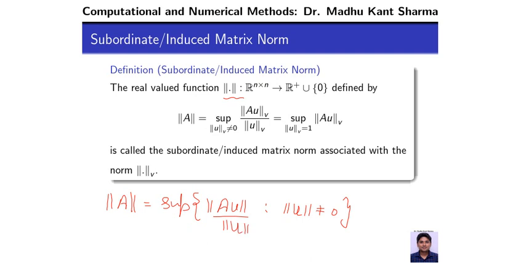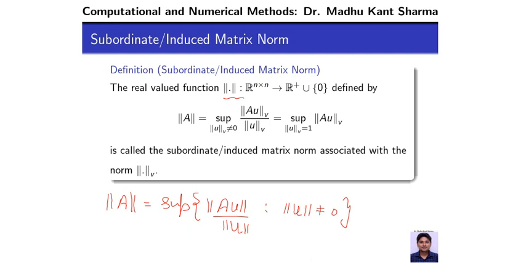So you take all non-zero vectors and see what this norm is. Here Au is now a vector, and u is a vector.